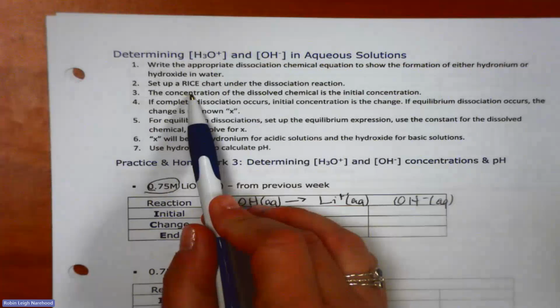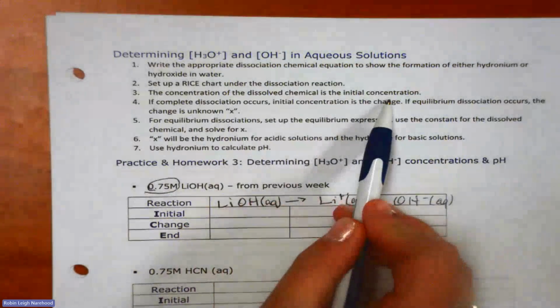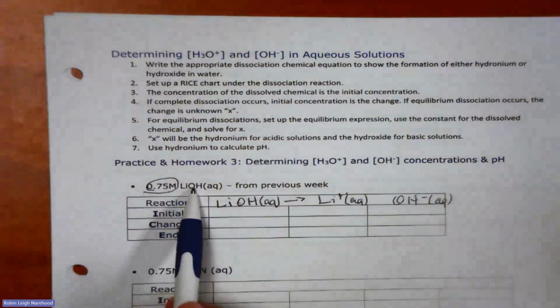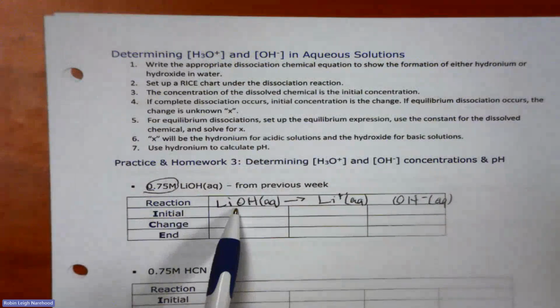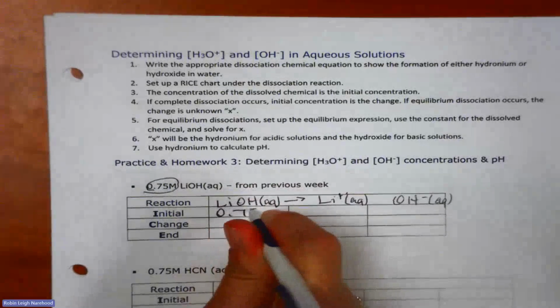How you start it: the concentration of the dissolved chemical is the initial concentration. Our concentration is 0.75 molar of lithium hydroxide. That goes underneath lithium hydroxide. Each one of these is just a chemical that is dissolved in water.